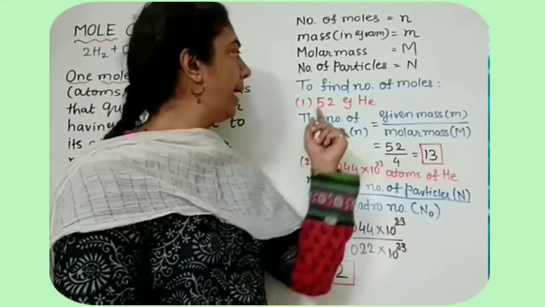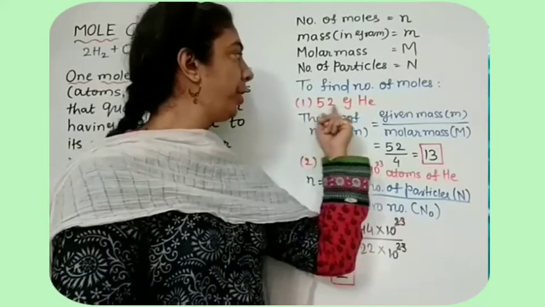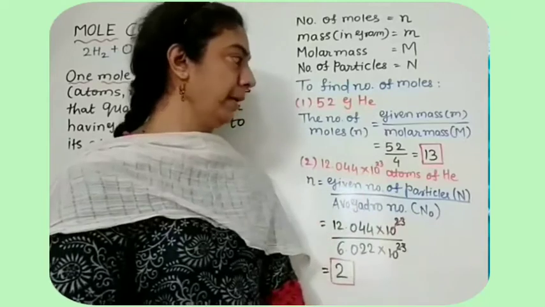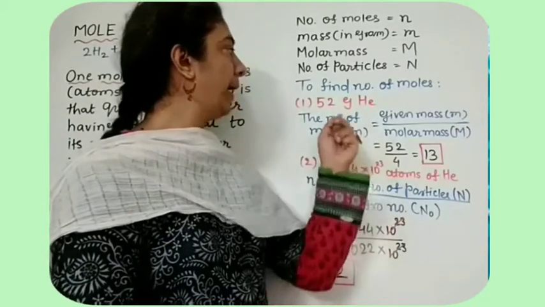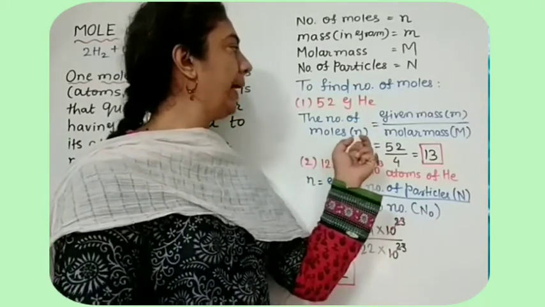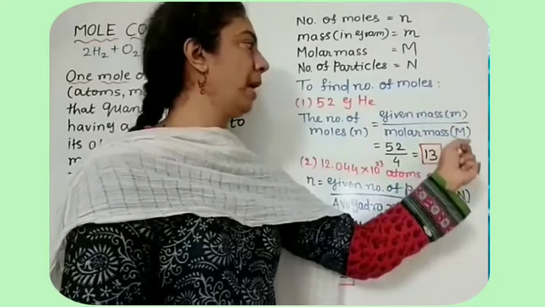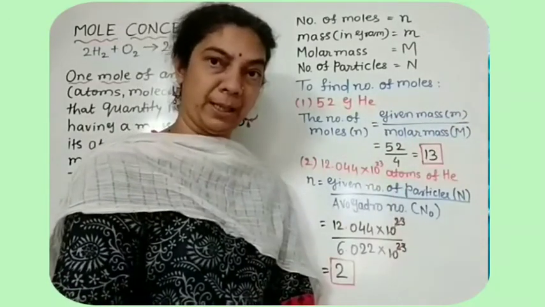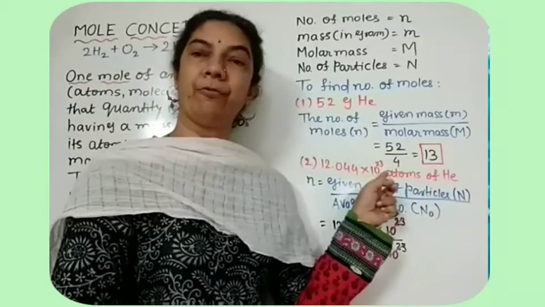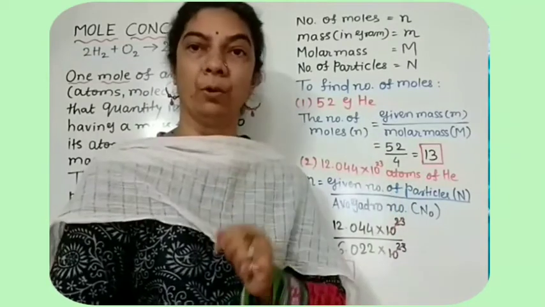If I have 52 gram of helium, then according to the formula, n equals given mass upon molar mass. So 52 by 4 gives me 13 moles.